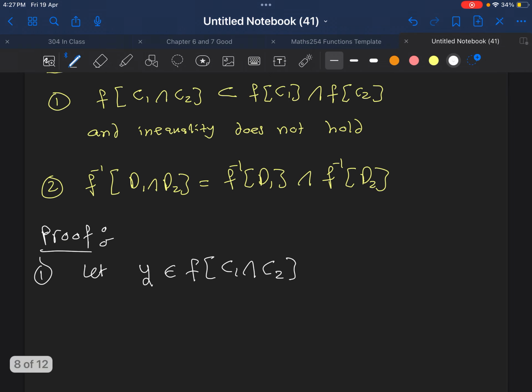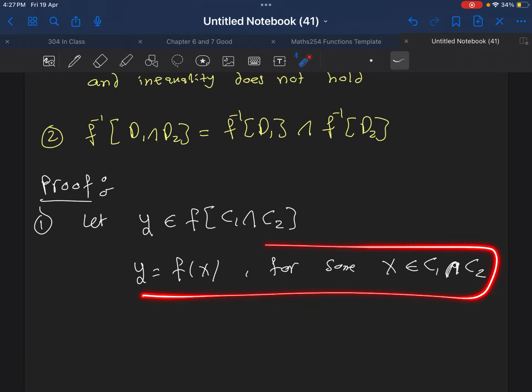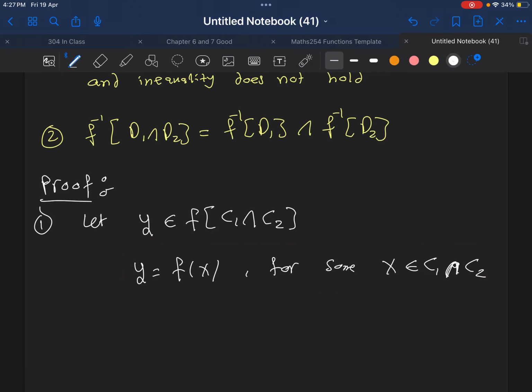Of course, this has a meaning. The meaning is y equals f of x for some x in C1 intersection C2. Now, this can be translated a little bit more. How do we translate it a little bit more? We can rewrite it again as y equals f of x.